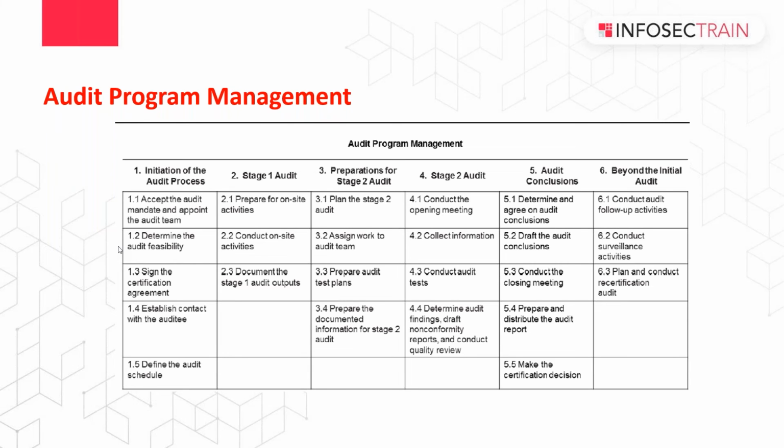Now let's understand what these things are. When I say planning for a stage 2 audit, there should be an objective. The objective is to evaluate your ISMS, to check for conformities and major or minor non-conformities, and to check the effectiveness of your implementation.